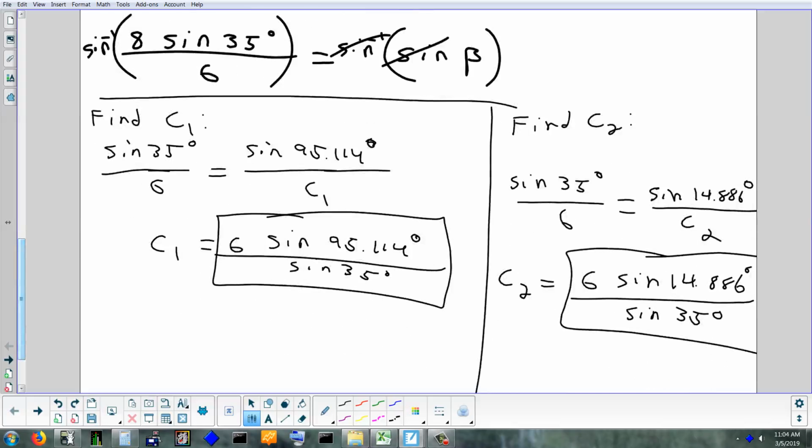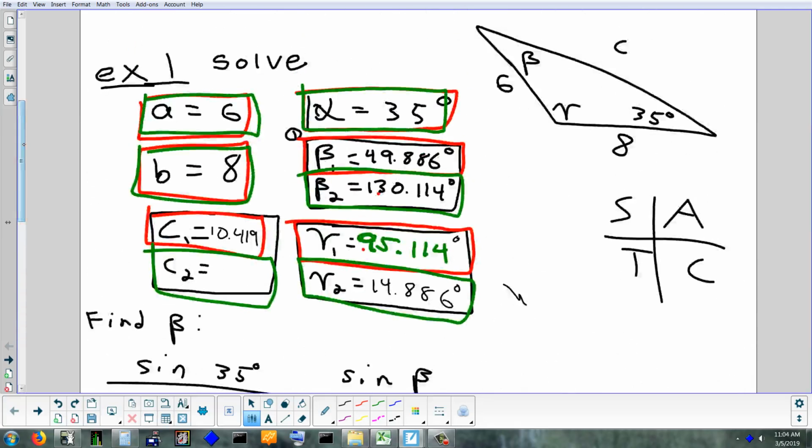Blake? 2.687, thank you. Okay. And that's it. That's the worst case for law of sines that you can have. That's a two-solution case. So it's not that it's really harder, it's longer. You just have to do exactly the same calculations. Double.